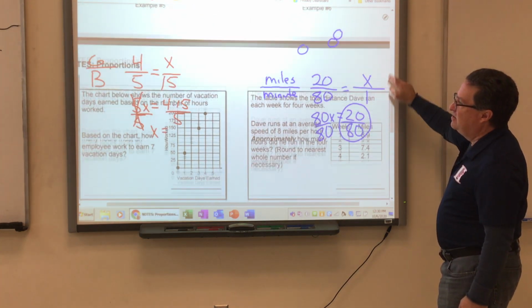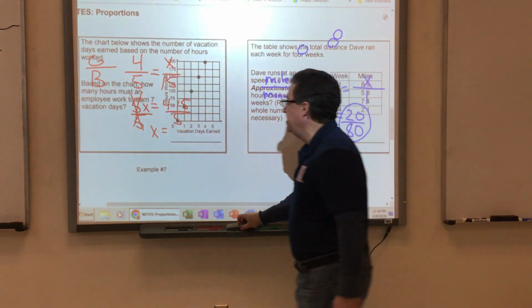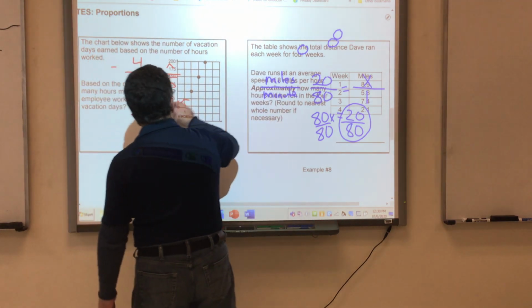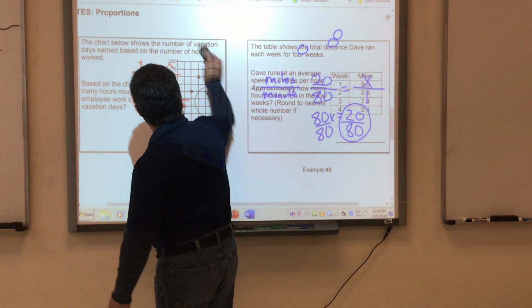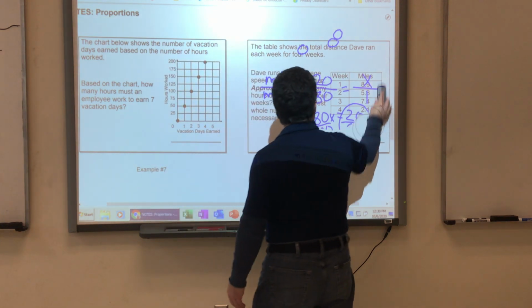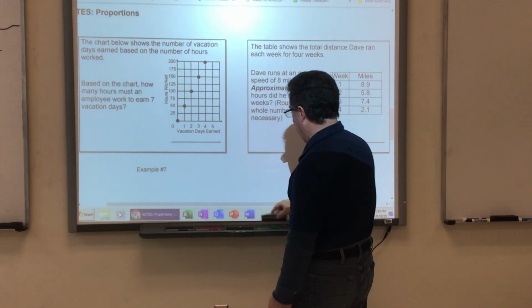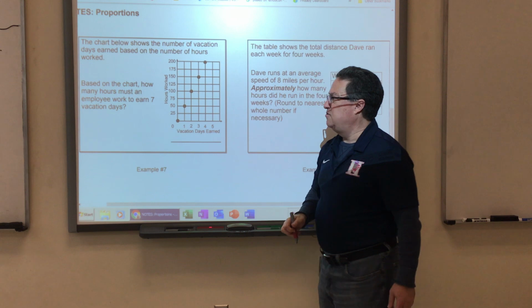All right, moving on to the next 2 examples. These are charts and graphs. This is done the same way, only a little bit differently. Let's start with the actual chart.